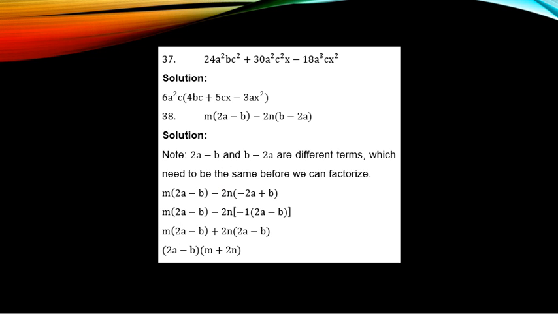Example 37, you are asked to factorize 24a square b c square plus 30a square c square s minus 18a cube c s square. What you do, you have to share the numbers first. Share the numbers 24, 30, and 18. Their HCF is 6. You bring it outside. Now share the letters across.